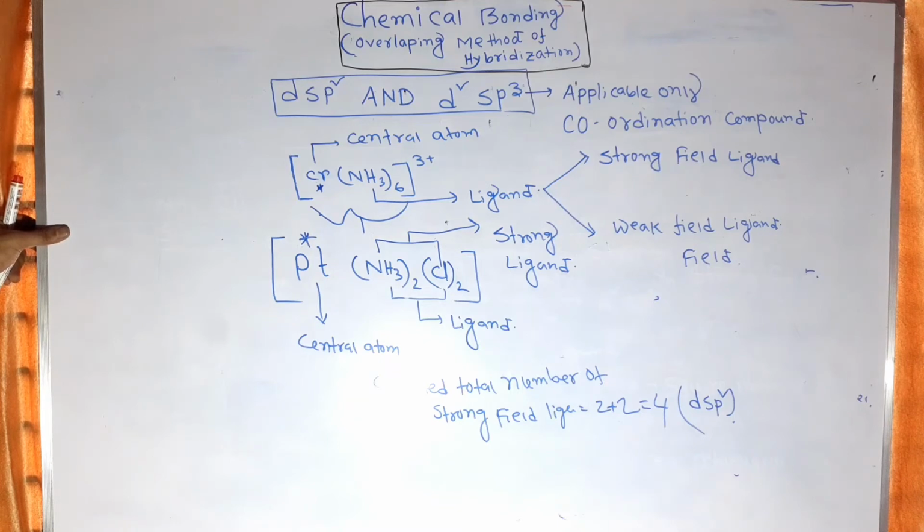This is for board exams for class 11 or 12. The special type of hybridization is followed by the overlapping method. This method is applicable only for board exams, not for MCQ questions. For MCQs, this helps determine the special type of hybridization very easily.